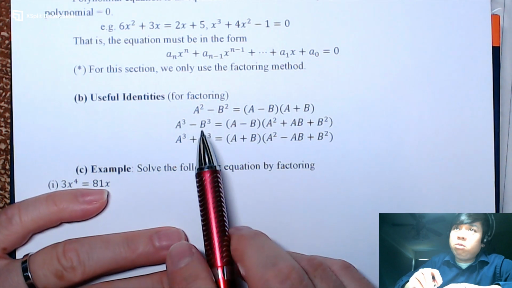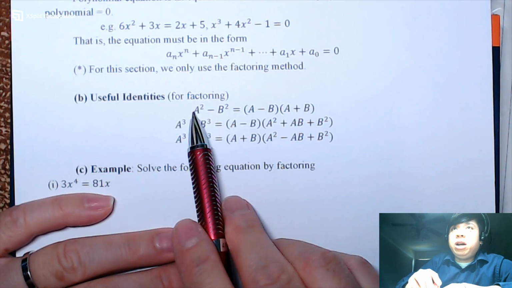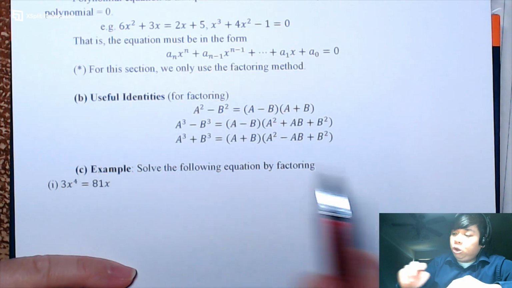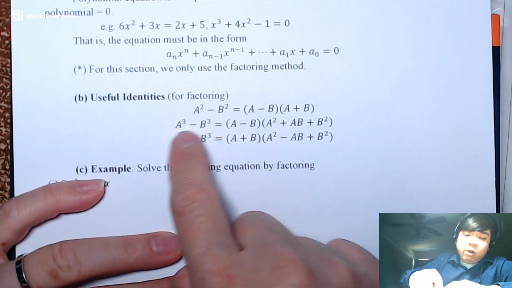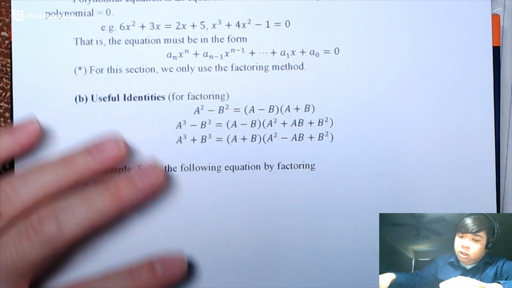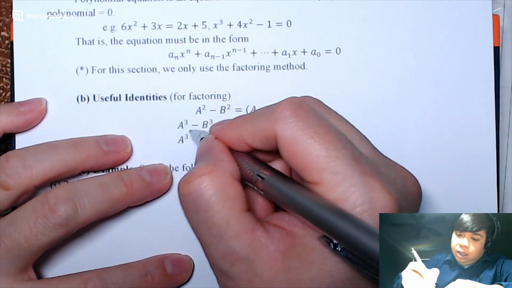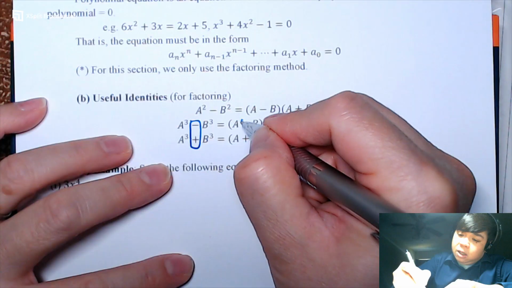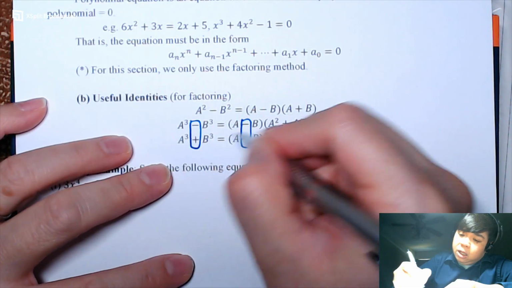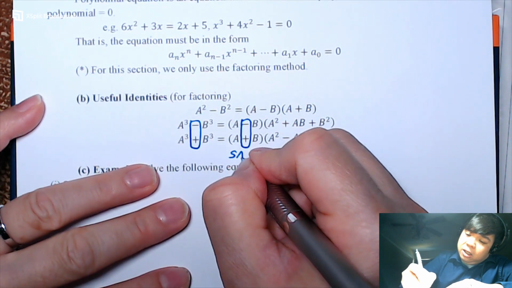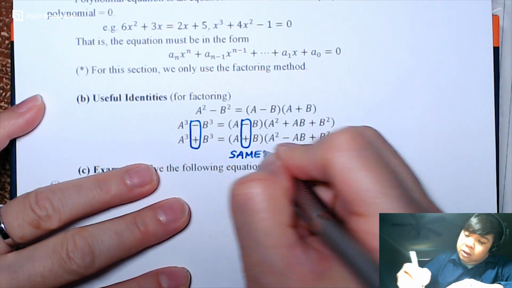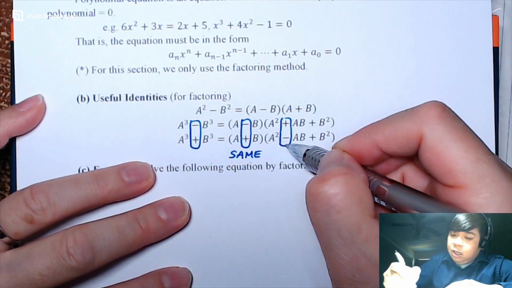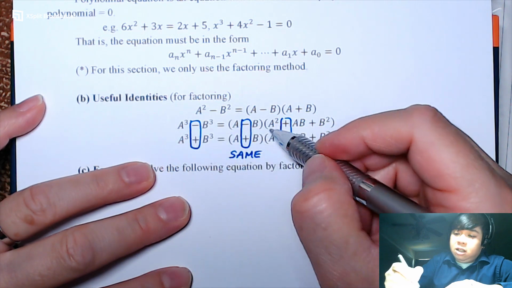And here are some common factorings: difference of 2 squares, difference of 2 cubes, sum of 2 cubes. Now focus on the bottom two. Here we look at this side and compare it with this. We have the same sign here, and then this side will be opposite to that.